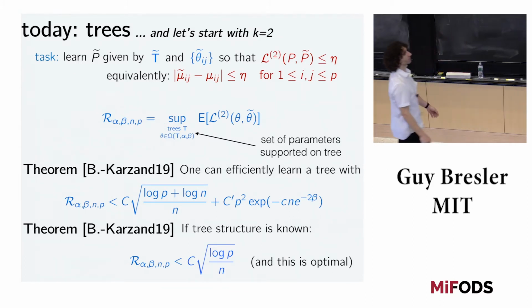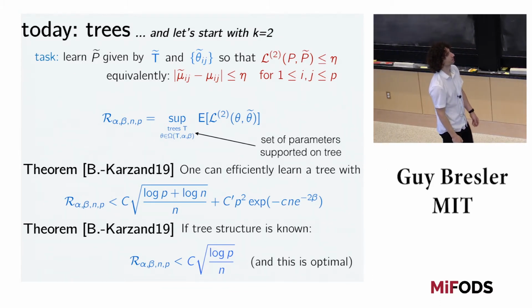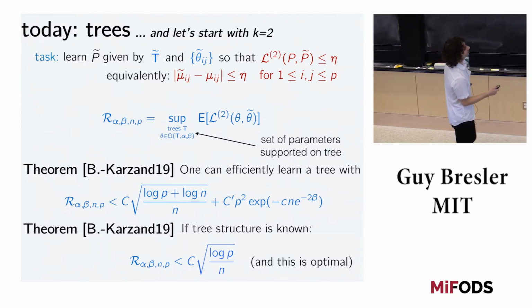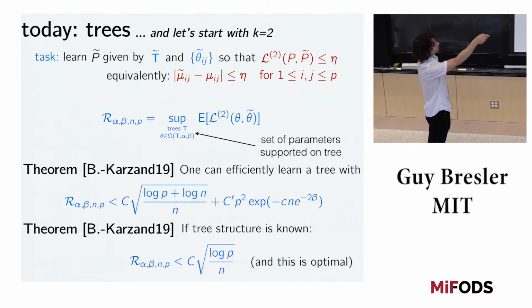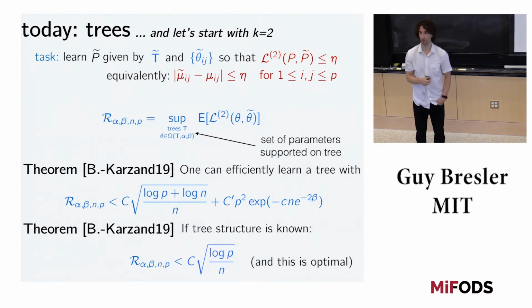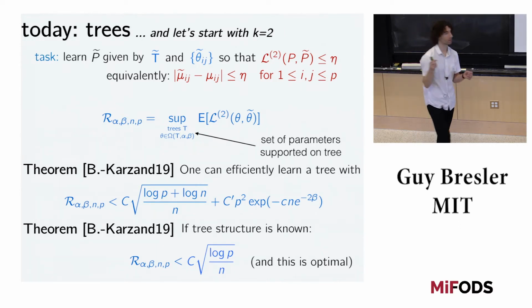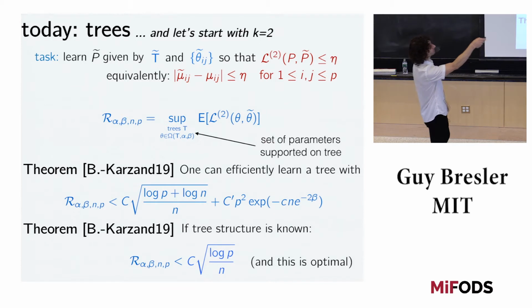I'll give you a quick sketch of some of the ideas leading to the following two results. We'll focus here on k equals 2. So we just want all pairwise marginals to be accurate. And some nice things happen when k equals 2.